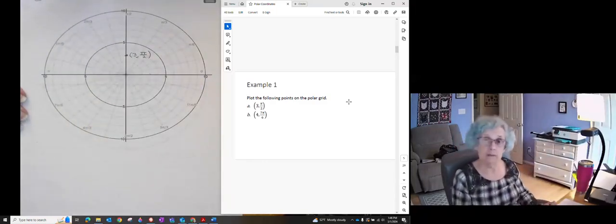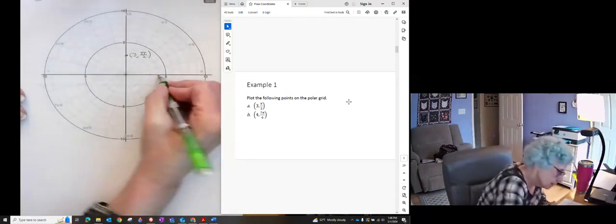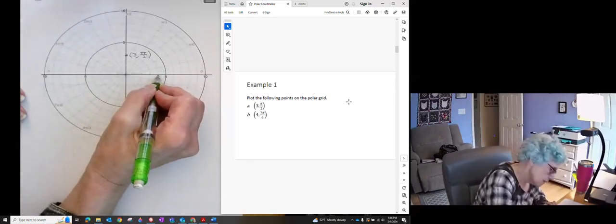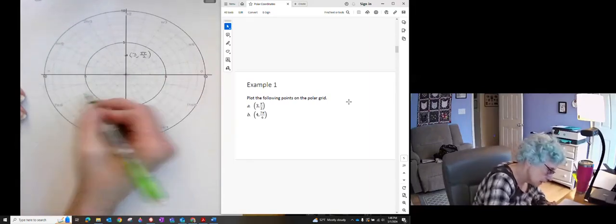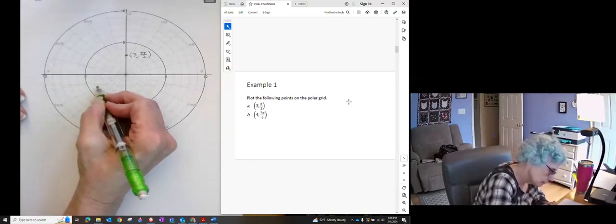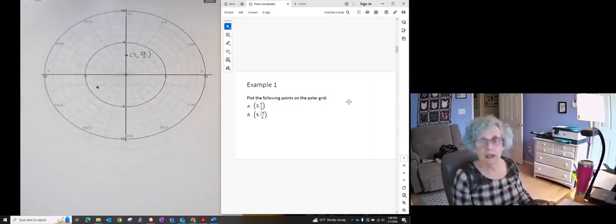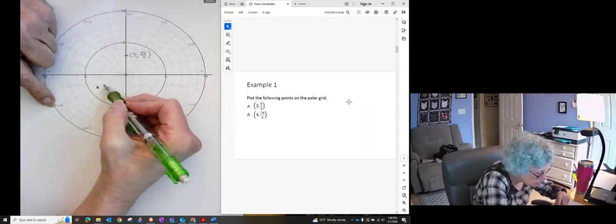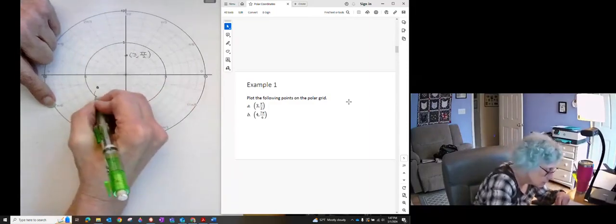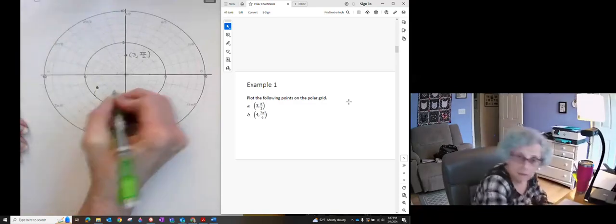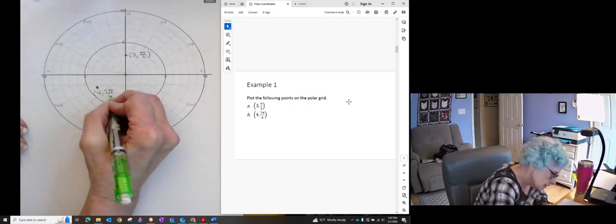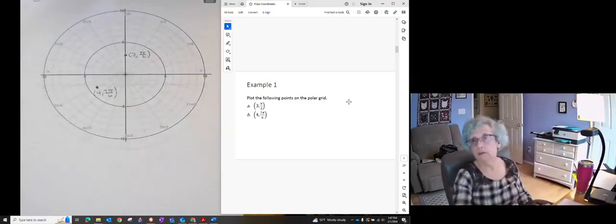Next, (4, 7 pi over 6). So 4 units over, and then I go to 7 pi over 6, which is right over here. Now, if you wanted to say, here's 7 pi over 6, and then just move 4 units, that's fine. So (4, 7 pi over 6).